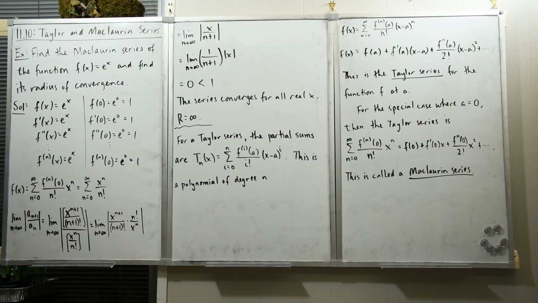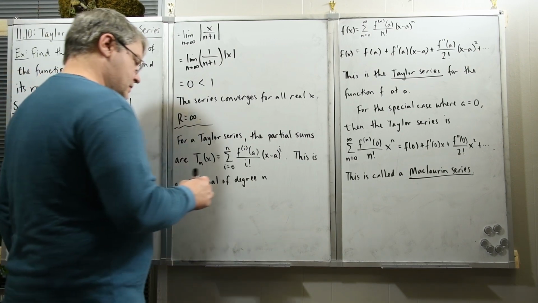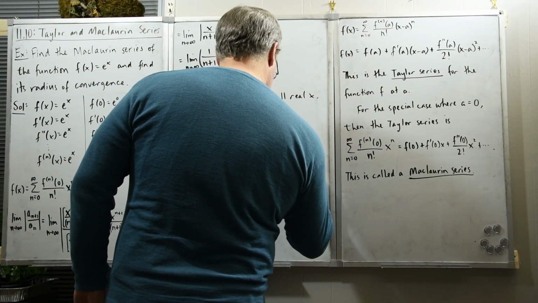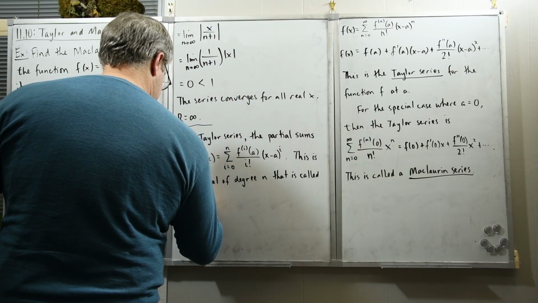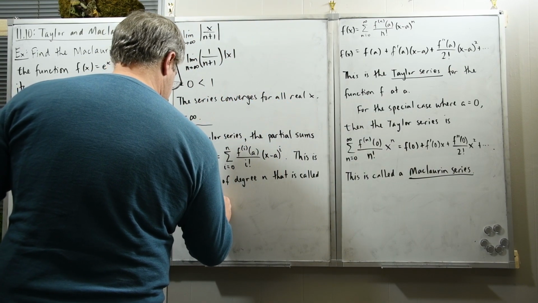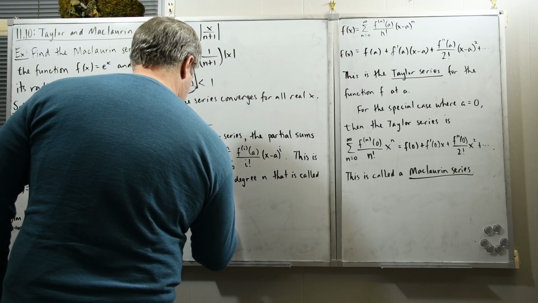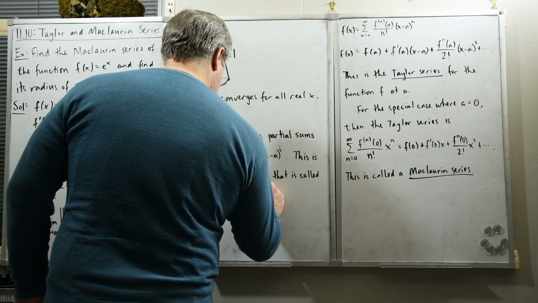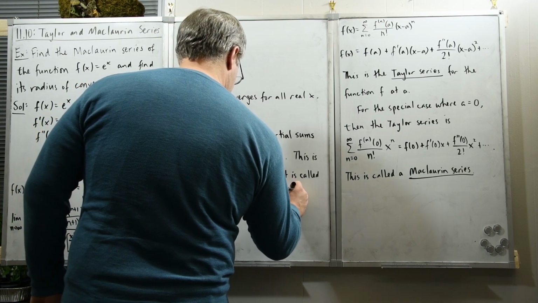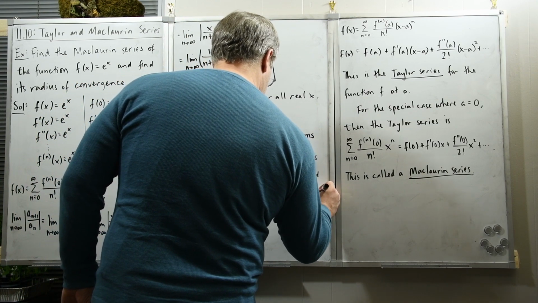Once again, it's a polynomial of degree n that we call the nth degree Taylor polynomial of f at a.